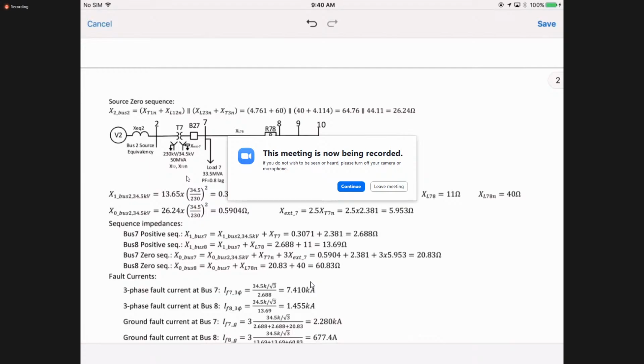But we may not have the data when the fuse is good and the resistance is so small. It does not affect. That's why for convenience, we assume the fault is here.